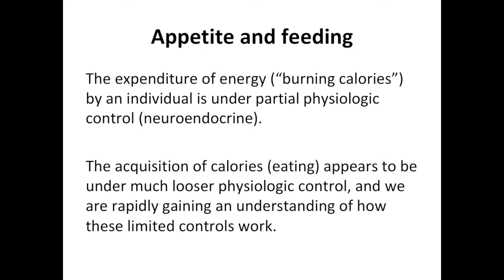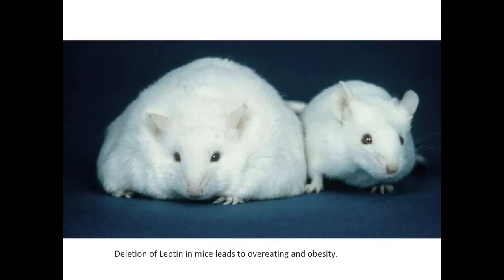One of the hormones involved in this is leptin, and we can knock out the leptin gene from mice and they lose the feeling of satiety, and as a result they overeat. So we see here a leptin knockout mouse and then a normal mouse, and you can see that with equal access to food, one drastically overeats over the other.